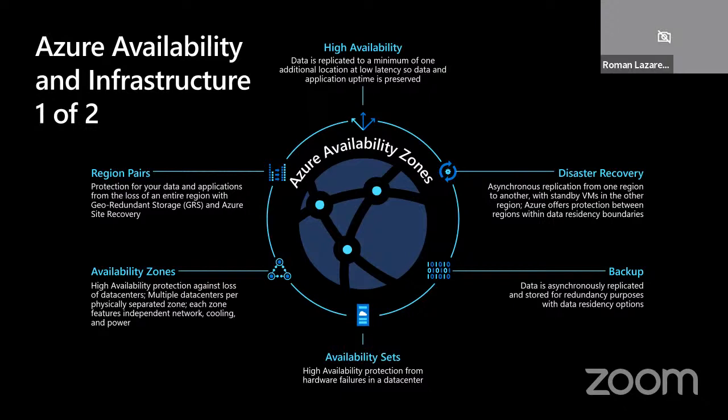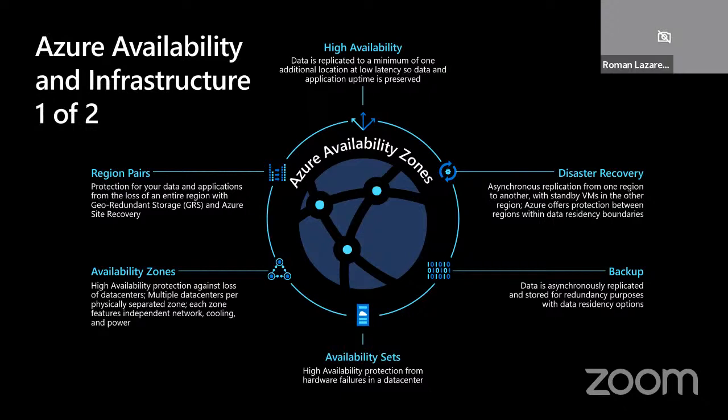The most basic concept is availability sets, which provide high availability within a single data center, and we'll cover what those availability instruments are. Then as you move up, you have availability zones, which are multiple data centers within one region.